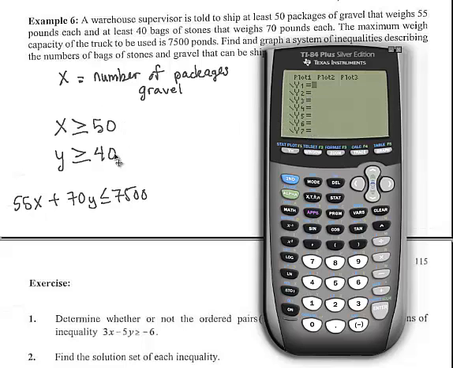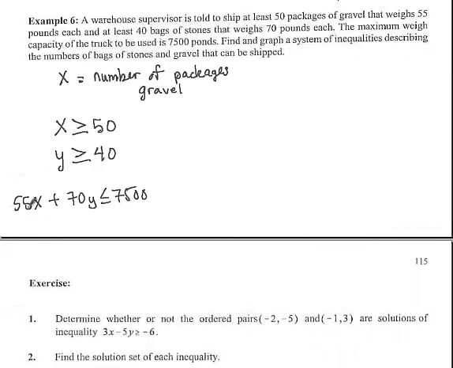What we'll do is we'll just graph these as lines, and so I'll enter y equals 40, and then we have to rearrange this formula, and what we would get is y equals 55 over 70 x, and that would be minus, and then minus 7,500 over 70. Actually, that'd be plus. Okay.